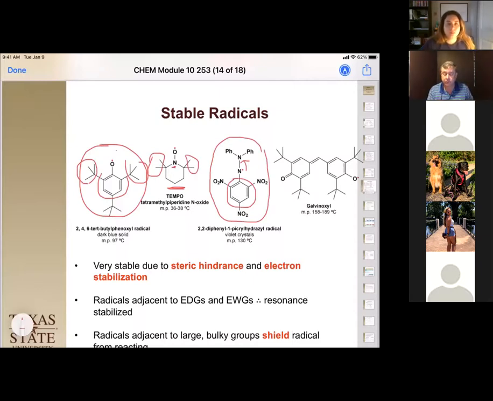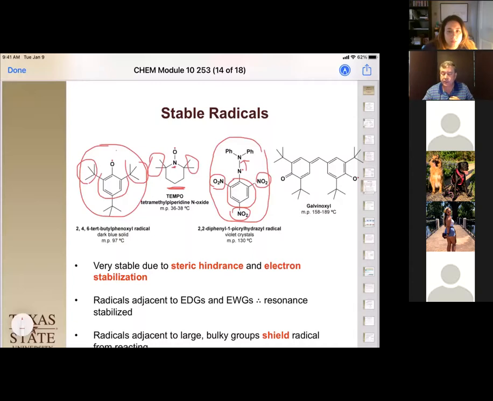Now notice we have three electron-withdrawing groups here, okay? That's going to make it such that any electron we dump into that ring is less of a negative charge because we have the electron-withdrawing group. So that's the electron-withdrawing group stabilization available to us as well.